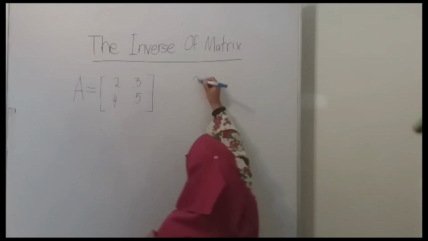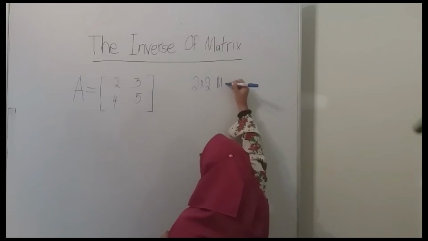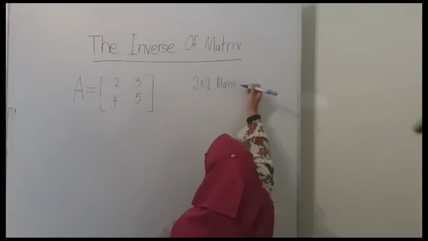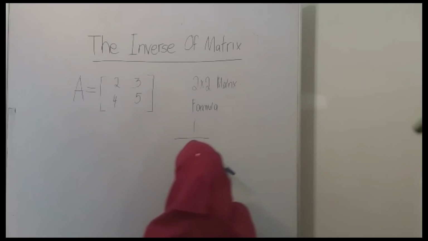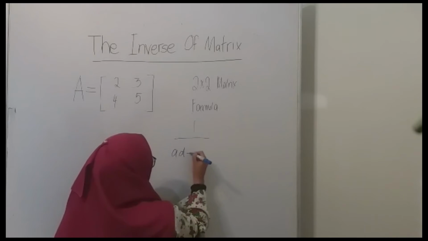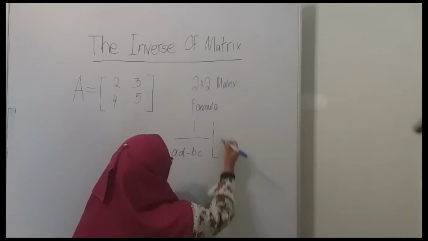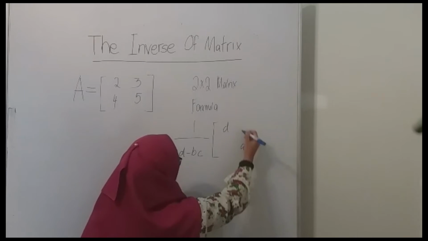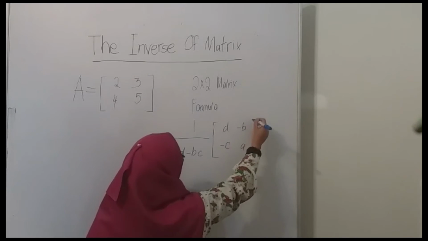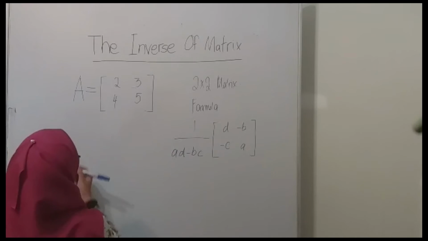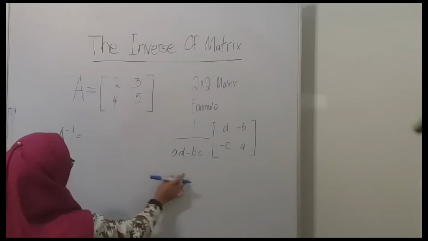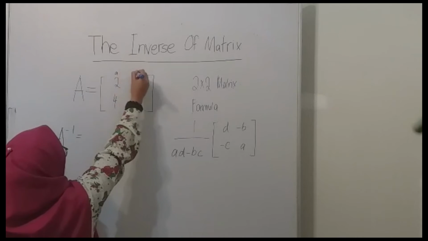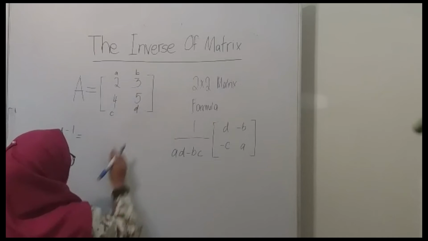So, for a 2 by 2 matrix, we will use one formula, which is 1 over AD minus BC times D, negative B, negative C, A. So, we will find the inverse of A using this formula. So, this would be A, B, C and D.